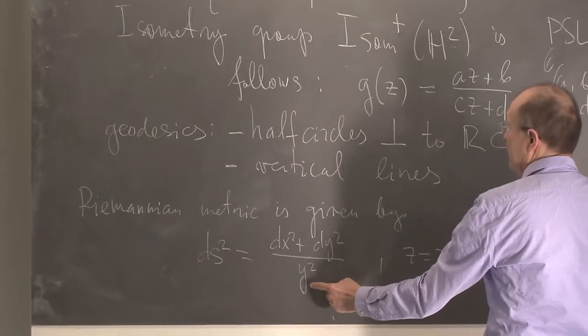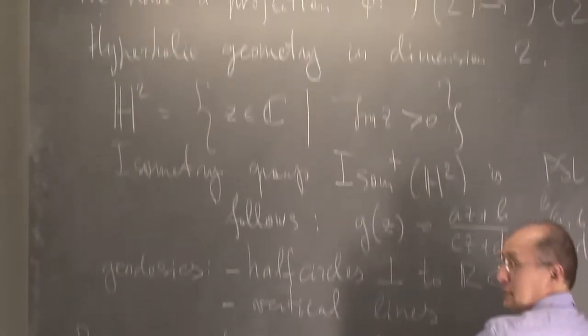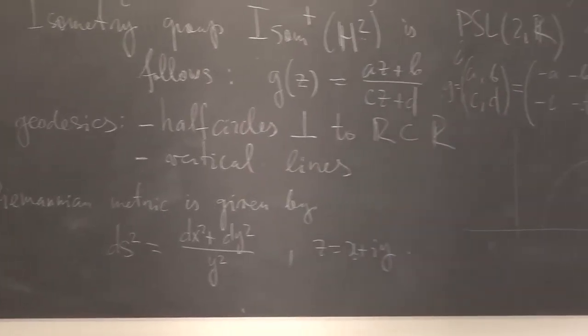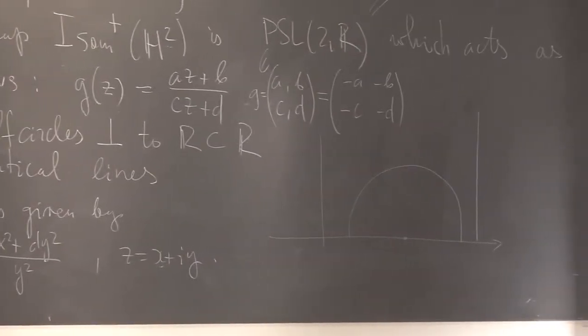So the condition that the imaginary part is strictly positive enters here. We divide by y, so y should be positive.